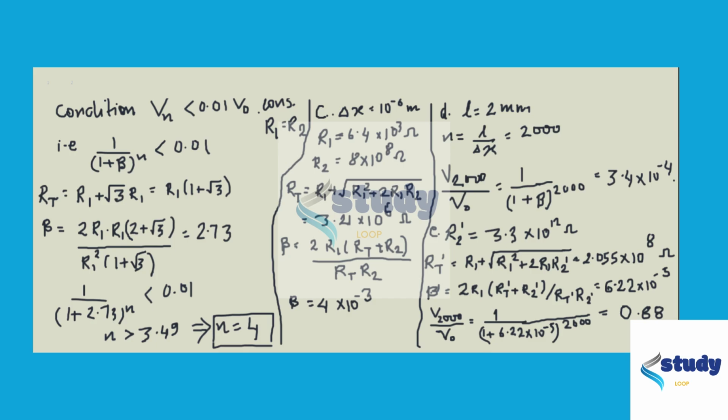So the attenuation is smaller now. There is comparatively less decrease in the voltage, right? So this smaller attenuation causes increased propagation of signal.